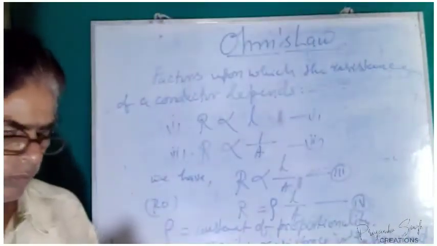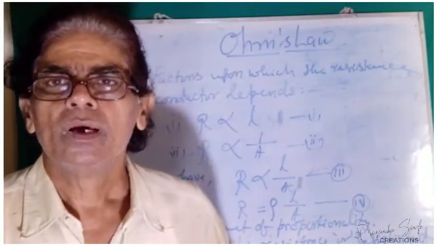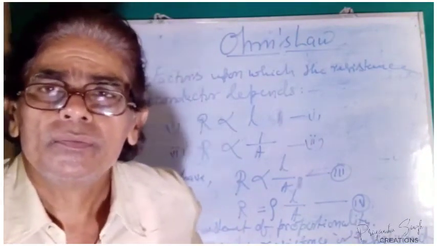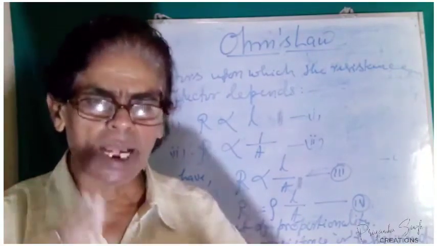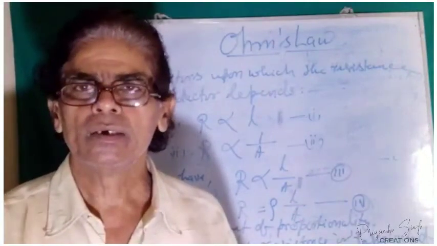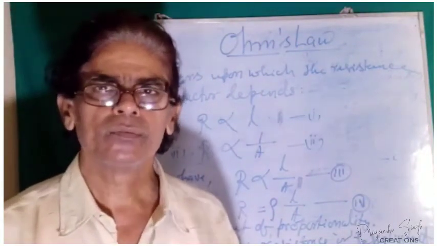What does it mean? What do we mean by resistivity? Resistivity implies that it is the ability to resist a smooth flow of electric current through the conductor.